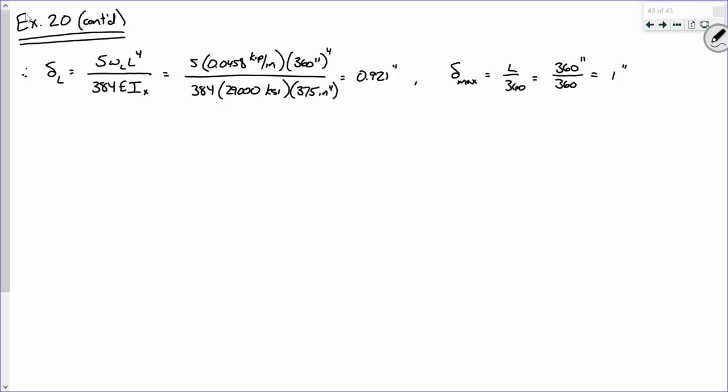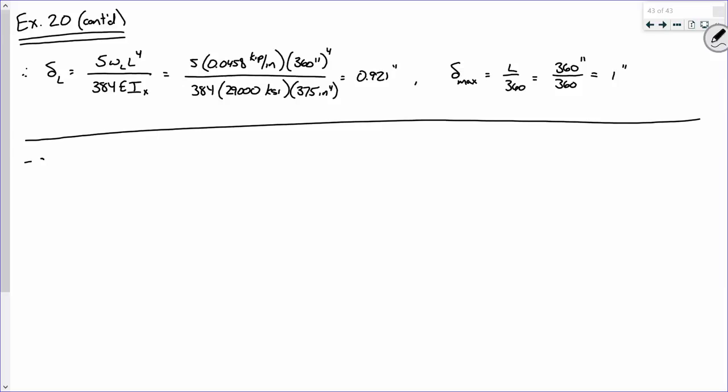Everybody good? Okay. The only other thing I want to do is check compactness. All right, help me out. Let's see if you all remember this.